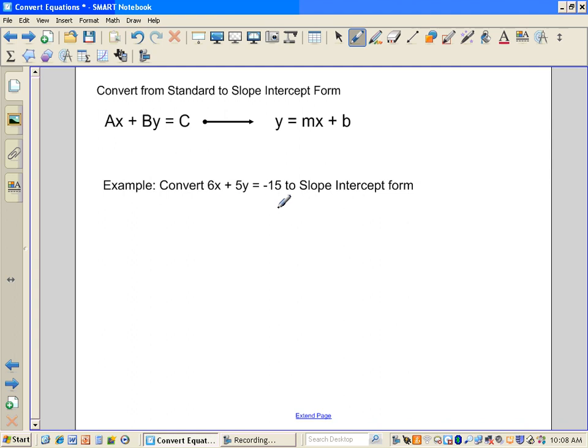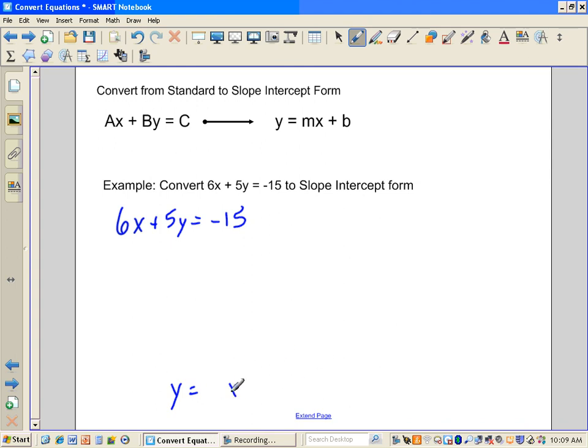If we take this example here, 6x plus 5y is equal to negative 15. All right. In order to get it into slope-intercept form, we want to have in the end the y all by itself and everything else over here.